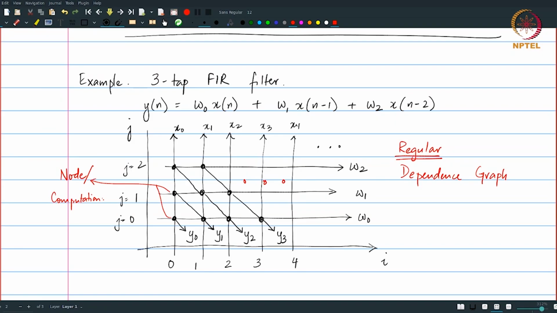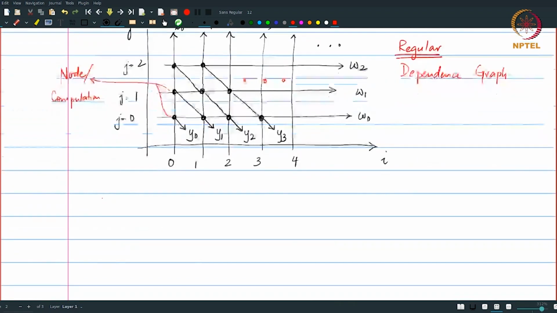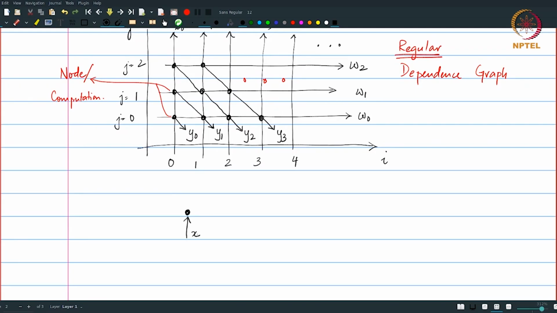Okay, that structure essentially tells us that this is the computation performed by a node, this is the data that it gets, and that this is the way it propagates its output. I can redraw an individual node by saying that it gets an input x, another input w, and it propagates an output y.